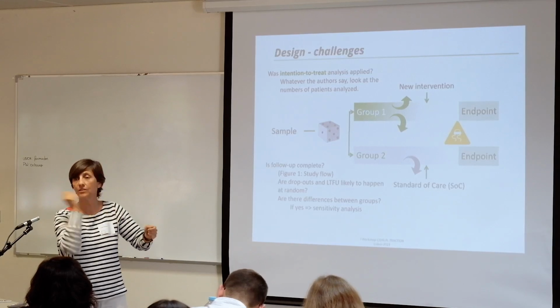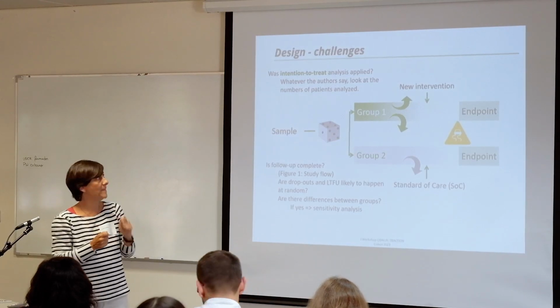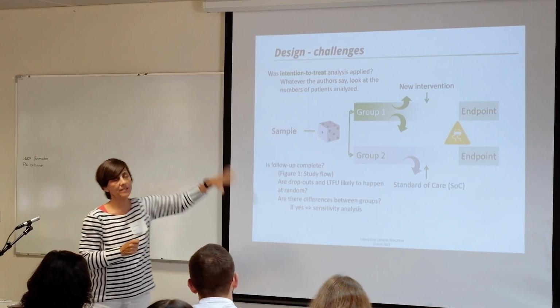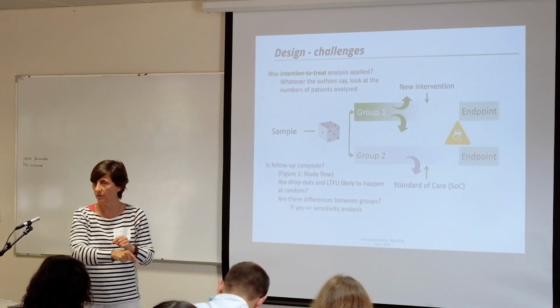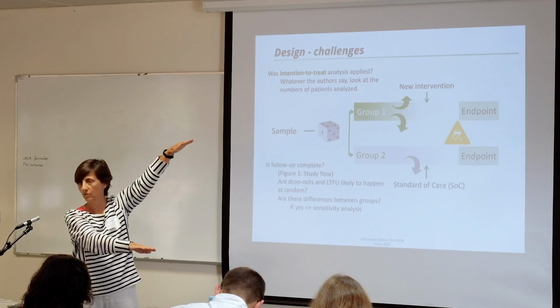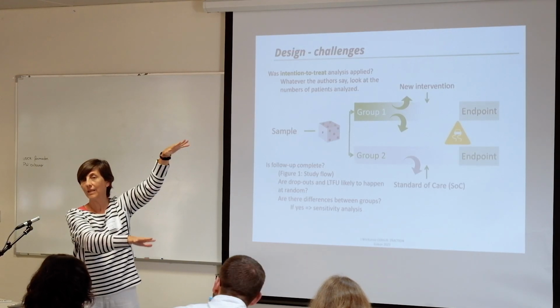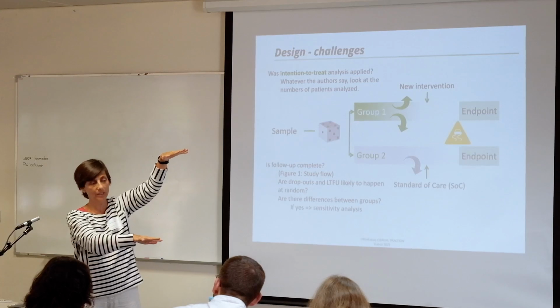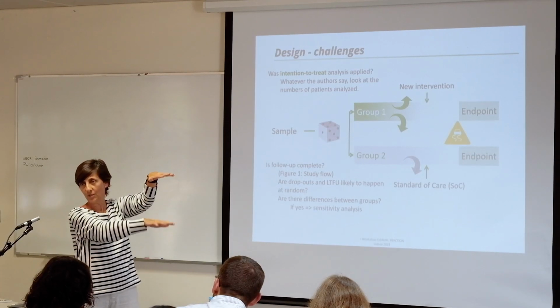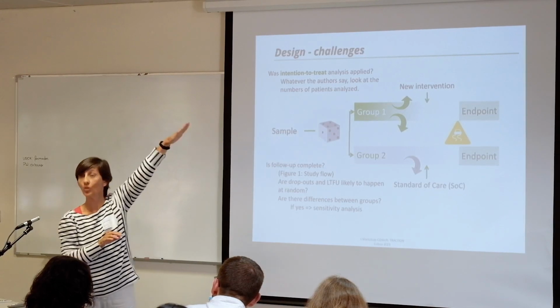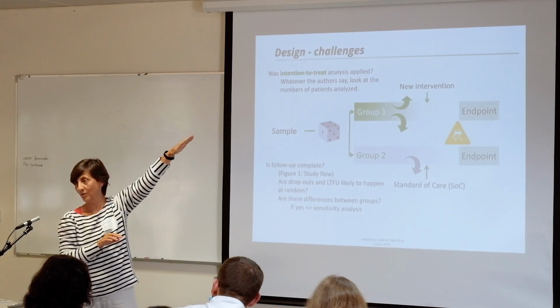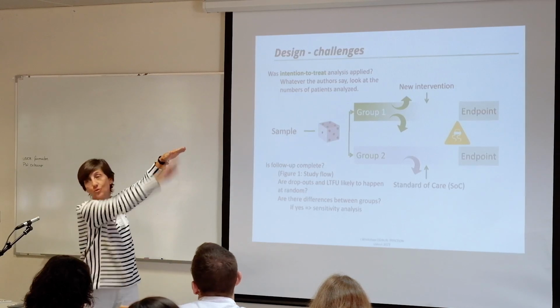So throwing stones at your own roof means that you randomize them to group 1 or to group 2, and even if they move around, you analyze them where you randomized them. What it is doing is actually balancing the groups, the results. Imagine that mindfulness rocks, right? But a lot of people in the standard of care actually went to mindfulness.